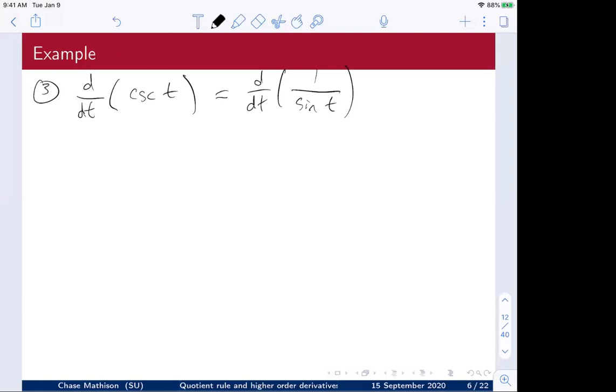Okay, so again, we have a high of what? What's our numerator? Yeah, our numerator is just 1. Our high is just 1. And what is our low? Good, sine of t.